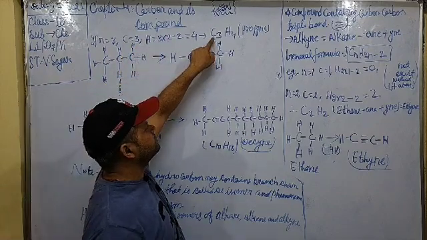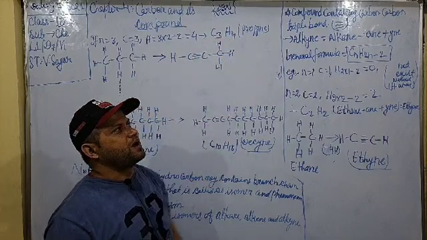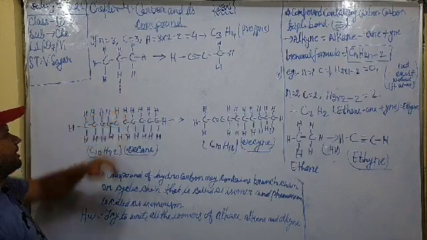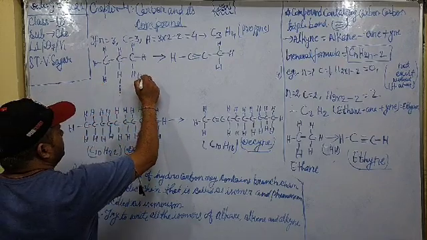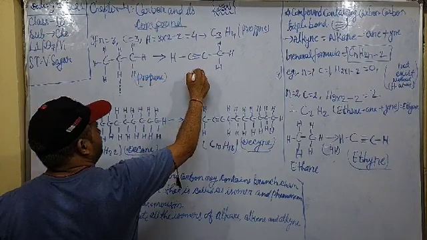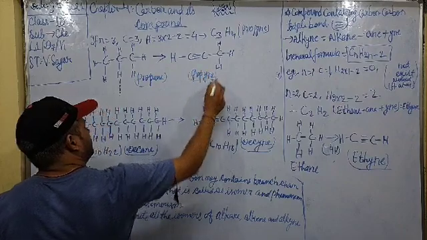So the compound formed is C3H4. Its name is propyne because it forms from propane. This is propane and this is propyne.